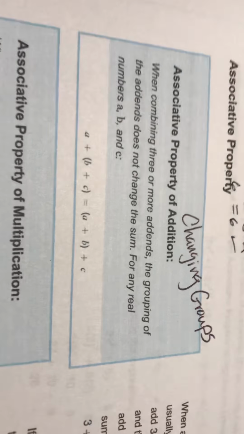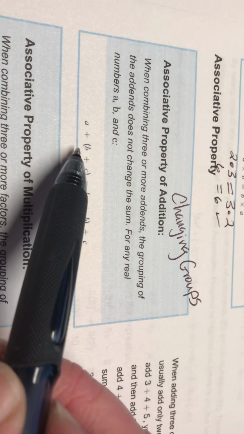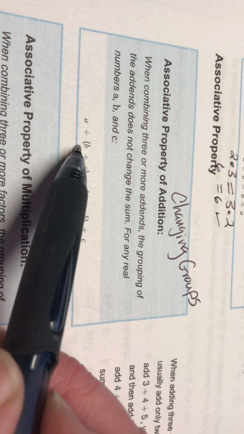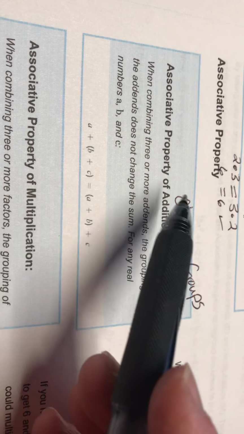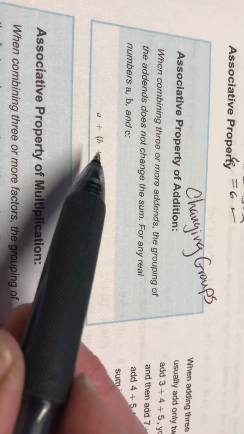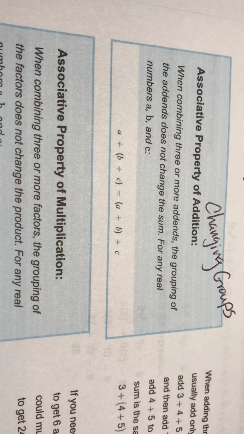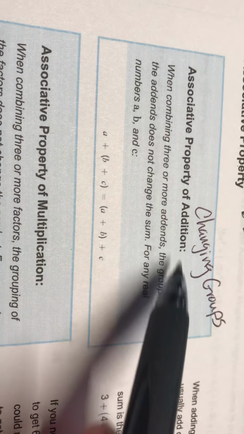But I like to use this analogy. At school, you hang out with a certain group of people, but then on Sunday when you go to church, you hang out with different people at church. You're still the same person, it's just you're hanging out with different people. And so what this is saying is that we're changing groups.